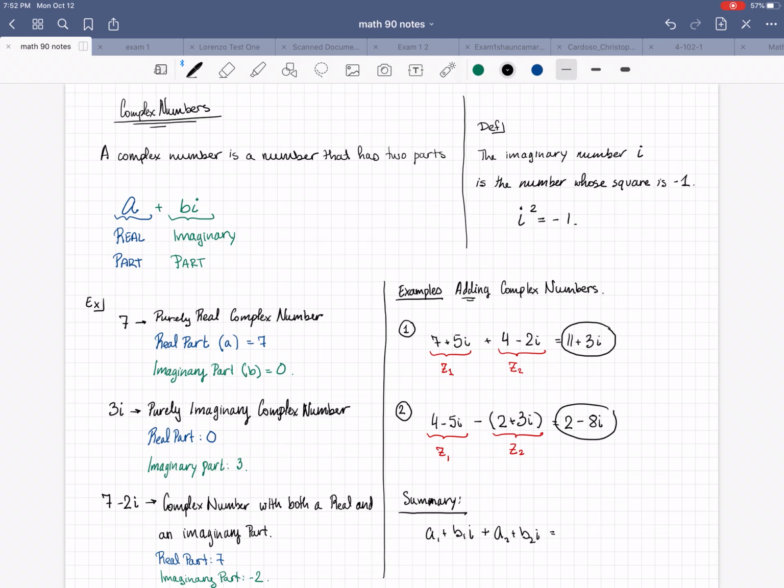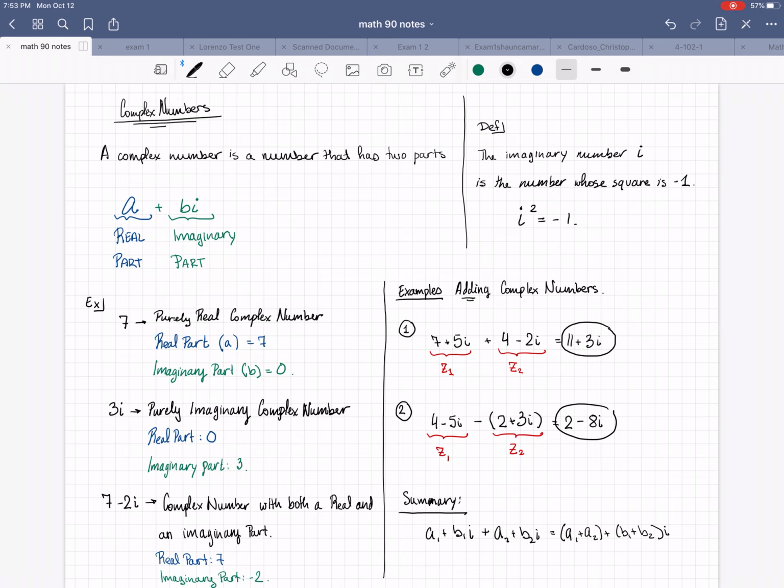When you're adding two complex numbers, you add the real parts and you add the imaginary parts. So I don't need to write a separate summary for subtraction because subtraction and addition are virtually the same operation and the same thing happens. You subtract the real parts and you subtract the imaginary parts.